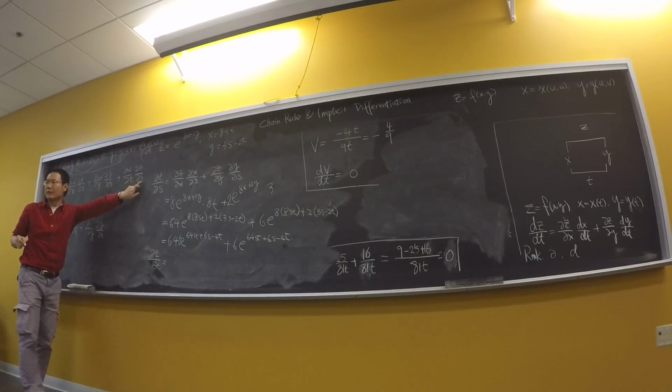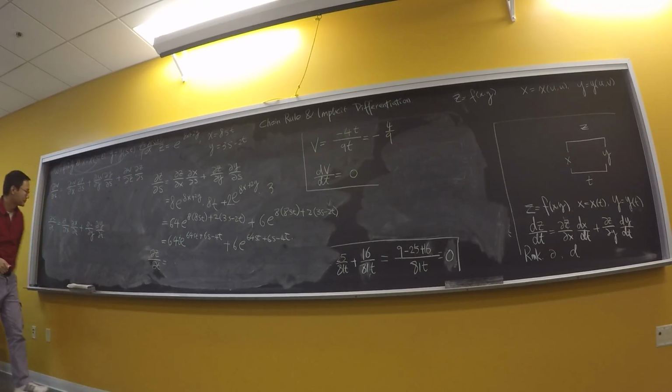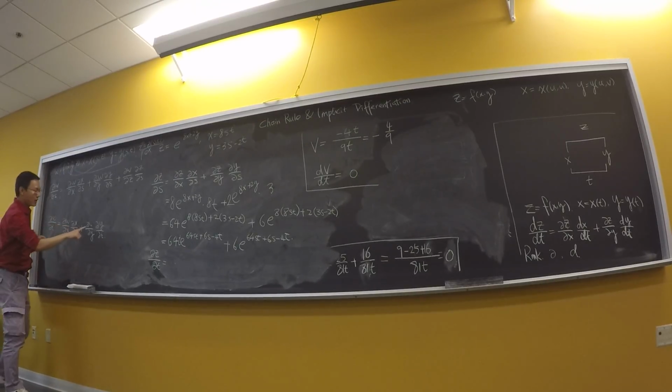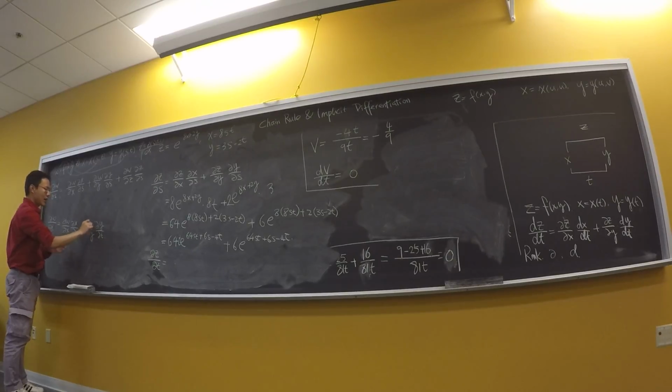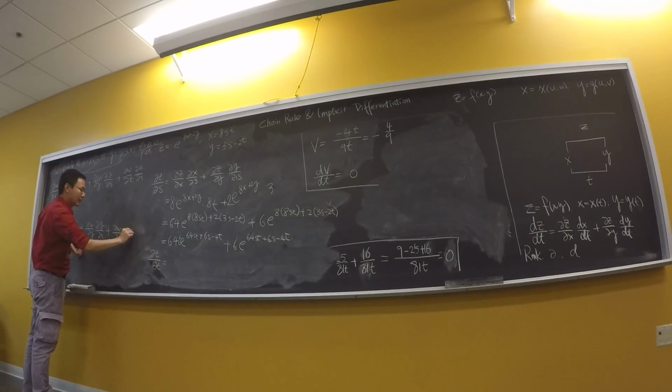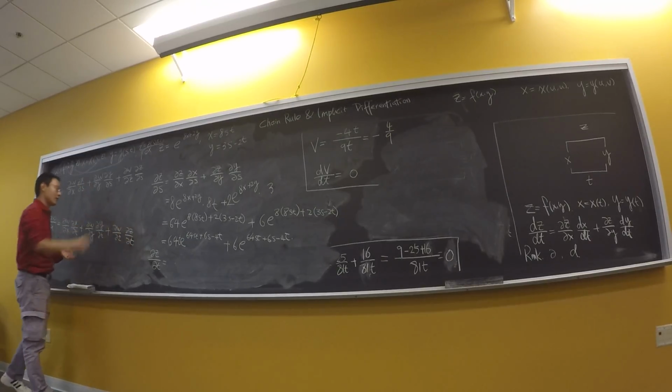I'm still doing the derivative with respect to s. All right? And then, if I'm taking the derivative with respect to t, you can derive your own. It's going to be partial w, partial x times partial x, partial t, plus partial w, partial y times partial y, partial t, plus partial w, partial z times partial z, partial t. Okay?